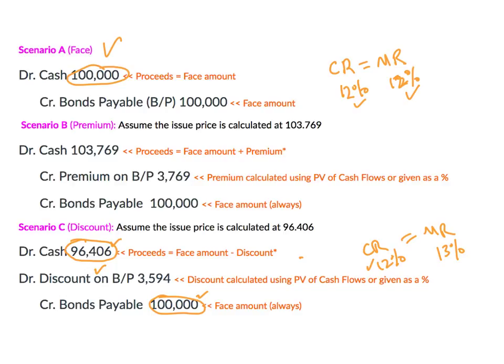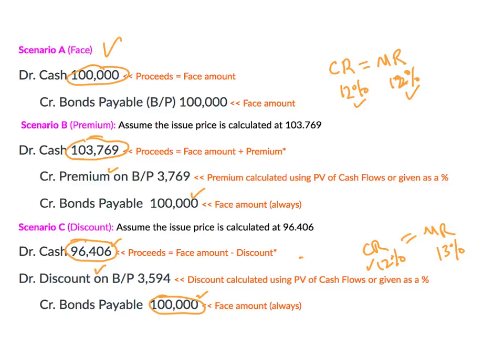The reverse is true for the premium. In that case, we're still going to provide a return of the face to the investor at the end of the life of the bond. We're going to be returning the whole face of $100,000. Yet they pay initially a price over the face, in this case by $3,769, and the difference there we refer to as a premium.